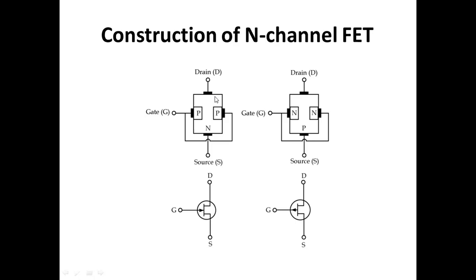On the opposite sides of the middle part of this N-type semiconductor, two heavily doped P-type regions are diffused. These are the two opposite sides of the middle part.